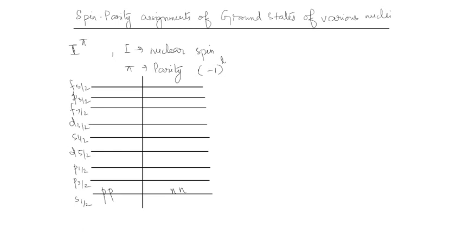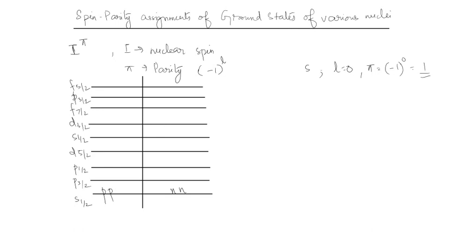Okay. Now, what I would like to add here is, in a nucleus, there may be more than one nucleon in a particular energy level. So how do you find out the parity? That is what we need to know. Parity is evaluated as (-1)^L. See, for a nucleon which is present in the S state, your L is equal to 0 and pi will be (-1)^0, which is 1. Okay.